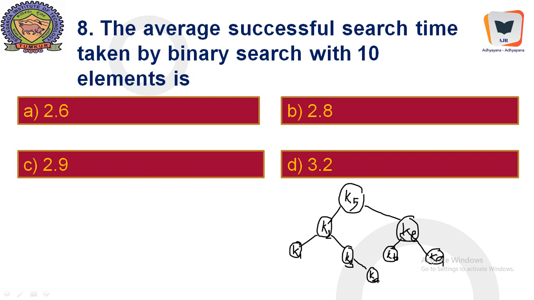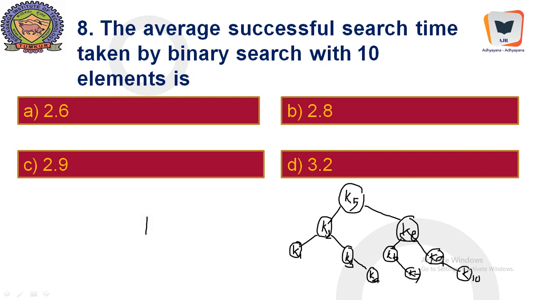Why are we arranging like this? Because it will be very easy for us to calculate the number of comparisons for a particular key. Because in order to find a key in binary search, you should occupy the middle position. When a of mid equals key, then the key is found. That is a code that we just remember. If we are searching for K5, you need only one comparison.